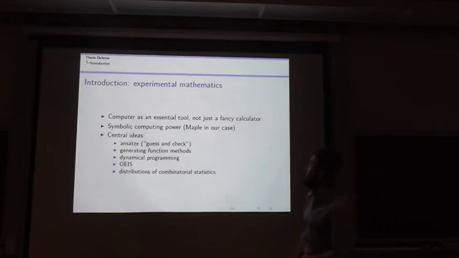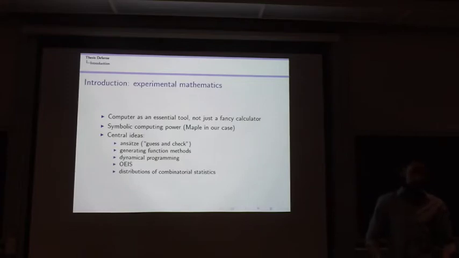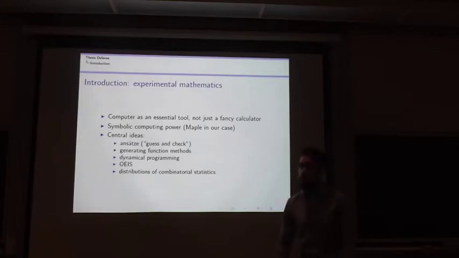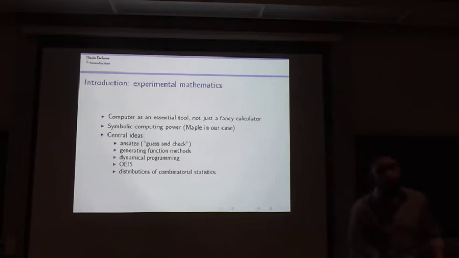Some methods we're going to use in this talk are ansatzes. So basically, if you know your answer is going to look like a certain form, like maybe it's a polynomial or it satisfies some kind of recursion, you plug it into a computer program, and you can teach the computer to learn that recursion or polynomial.